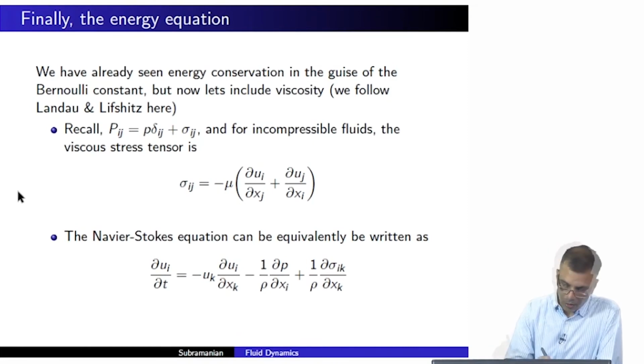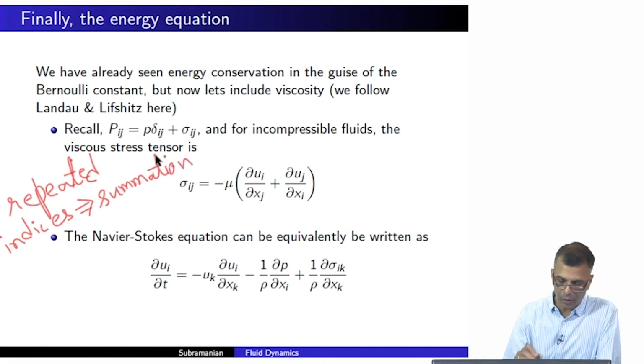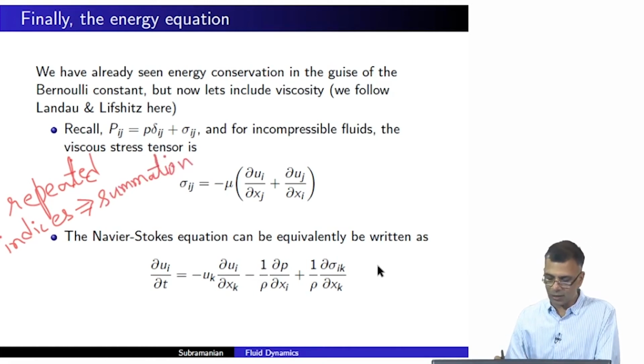Repeated indices, summation is implied. Here there's really a sigma here, and here too there's really a sigma, because you have repeated indices here, the k is repeated.